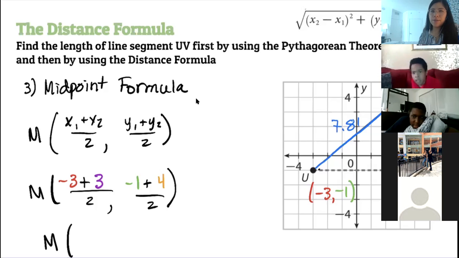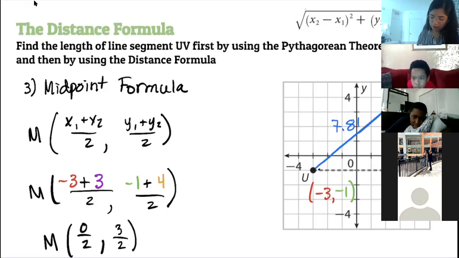No, sir. -3 plus 3. Oh, -3 plus 3 is 0. So I have 0 over 2, comma. What's -1 plus 4? -1 plus 4 is 3.